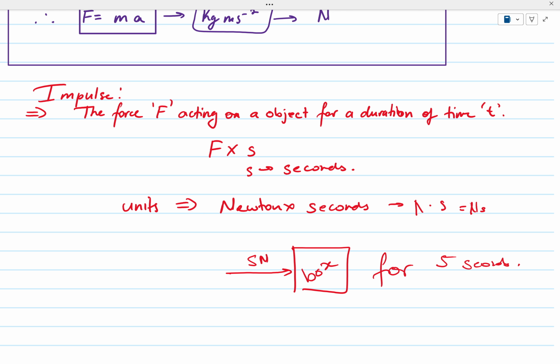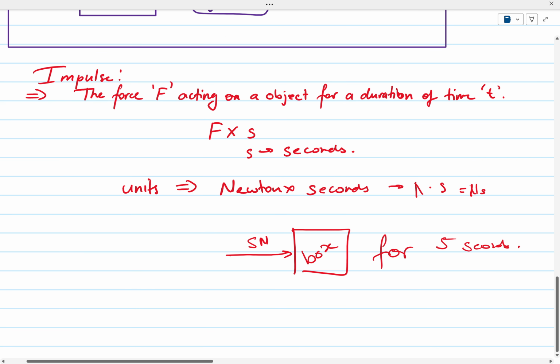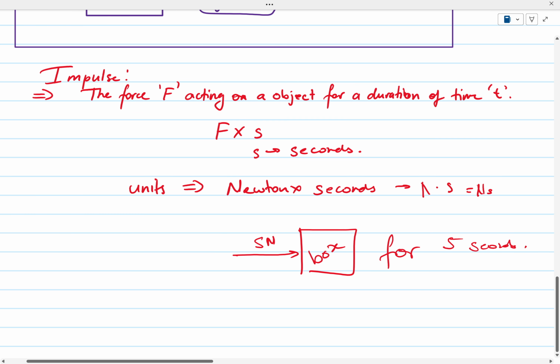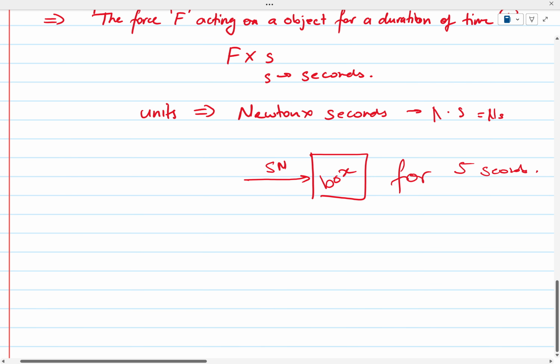It should be really simple. Coming from F is equal to ma, we can actually restate Newton's second law.